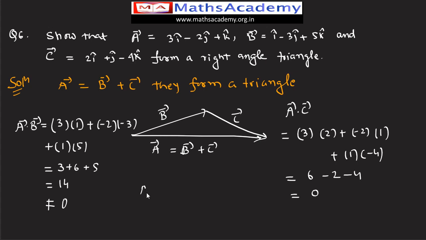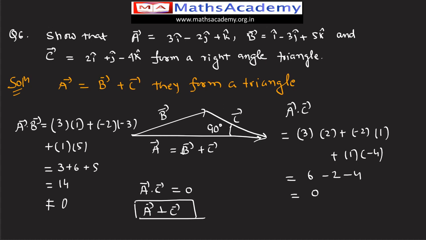Since the dot product of two non-zero vectors is 0, the vectors are perpendicular. So since a vector is perpendicular to c vector, this angle should be 90 degrees. Now it is clear that it is a right angle triangle.